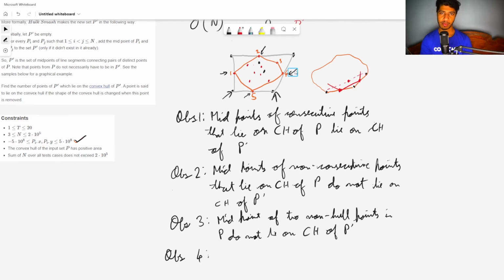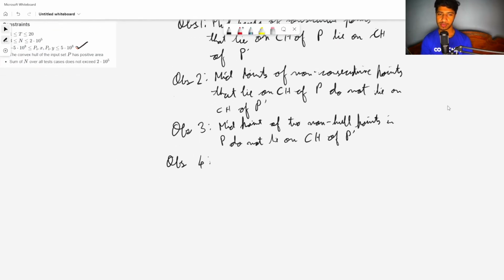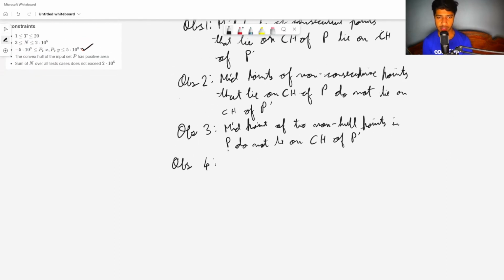So point number 3, if you look at, point number 3 is not the midpoint of consecutive hull points. It's actually the midpoint of this point and another hull point, right? So fourth observation, I'll just be giving it away. Just try to understand what it means.